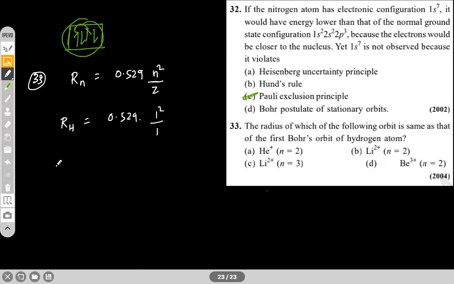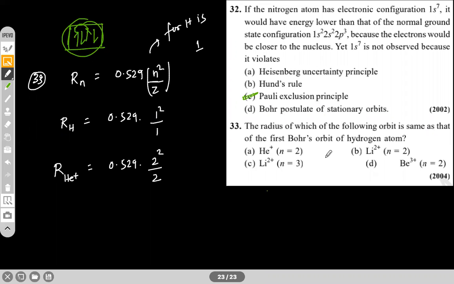So if we talk about helium, R of He plus is 0.529 into 2 square by 2. Helium, the atomic number is 2. Obviously it is not equal. So we need to just compare the n square by Z value for all of these. For hydrogen, the value is 1.